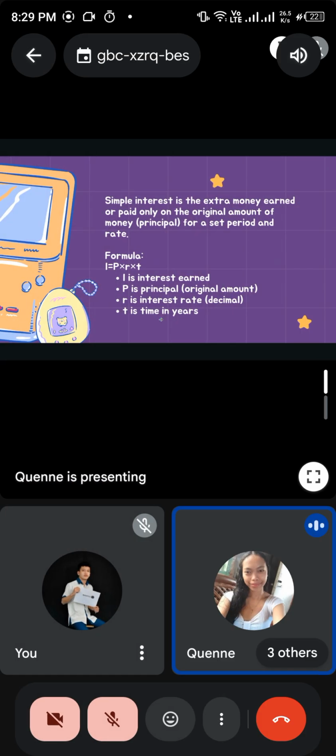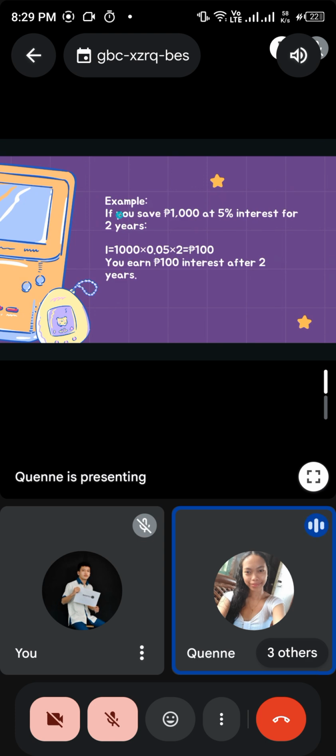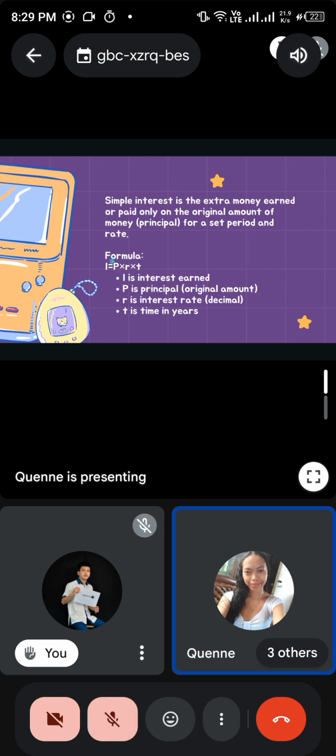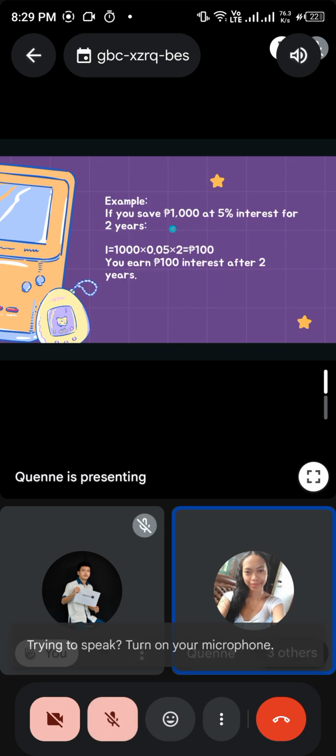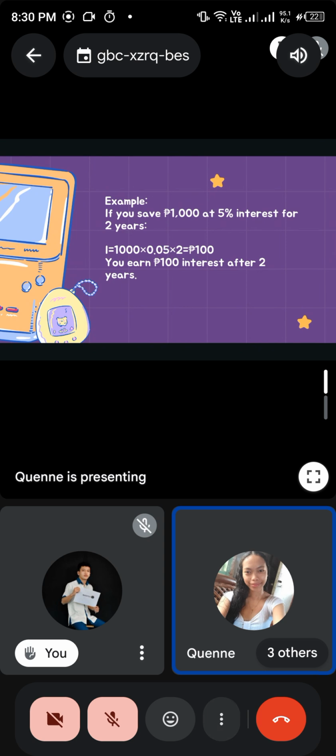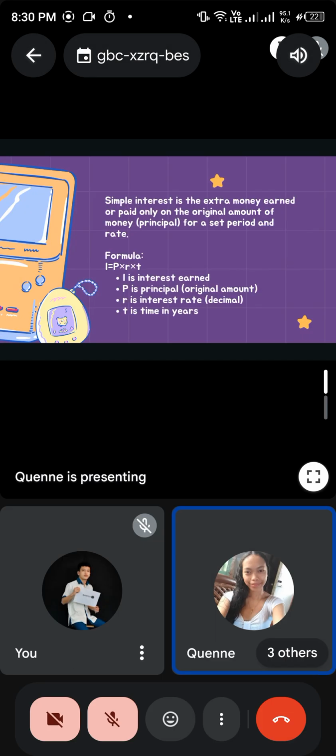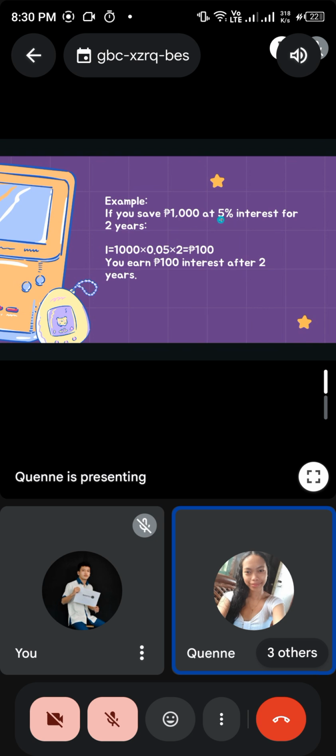So here is the example for simple interest. Can someone read the example? If you save 1,000 pesos at 5% interest for 2 years, what is our interest earned? 1,000 is the principal.